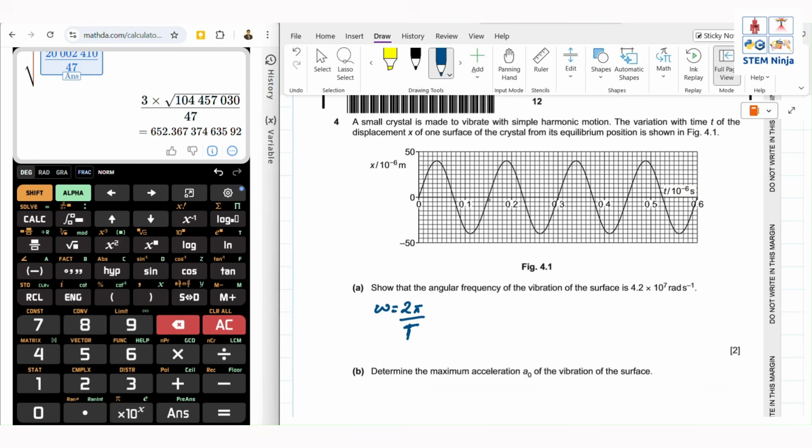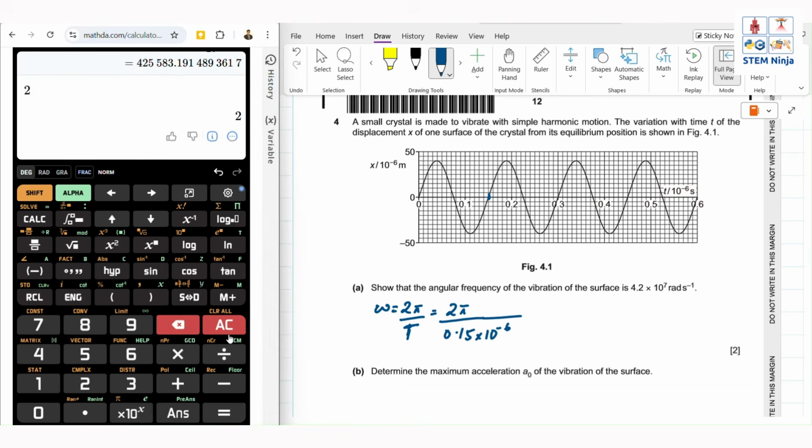So time period, it appears to be 0.15 times 10 raised to the power minus 6. So 2 pi divided by 0.15 times 10 raised to power minus 6. So 2 pi divided by 0.15 times 10 raised to power 6.